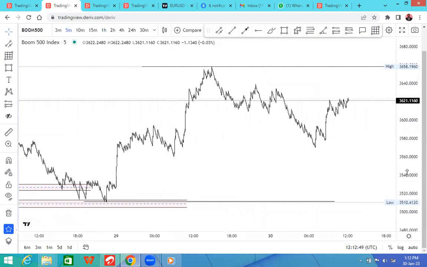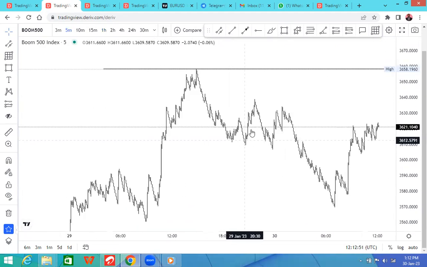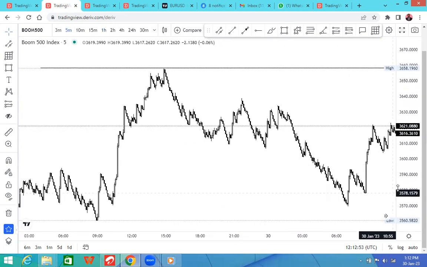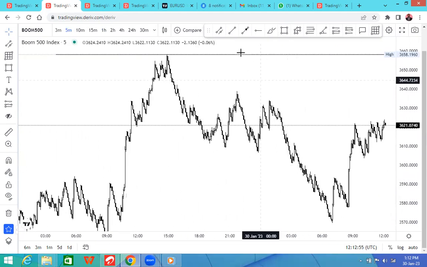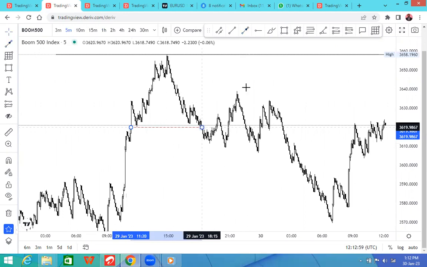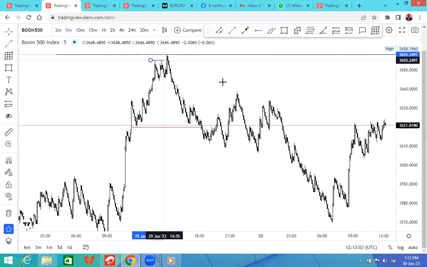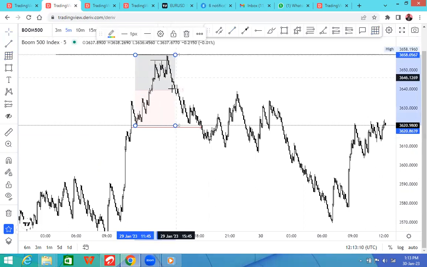On 5 minutes, I saw all of this break. Price broke all of these, and price cleared this. So I'm expecting price to come to all of this, 50% of this.